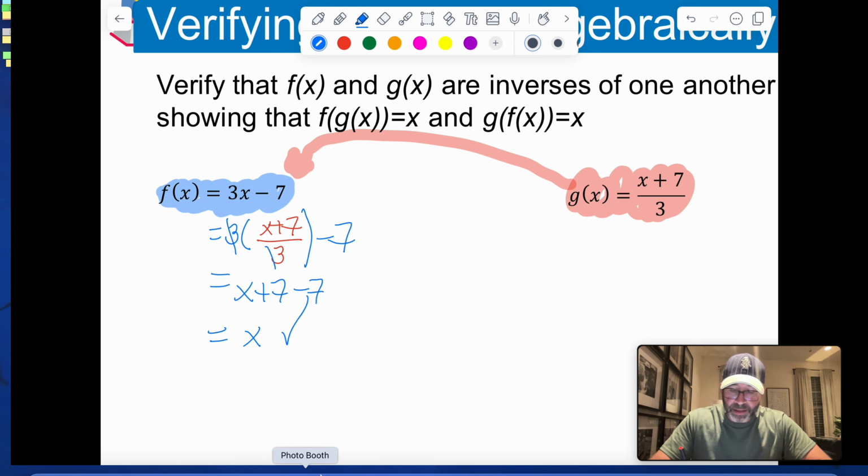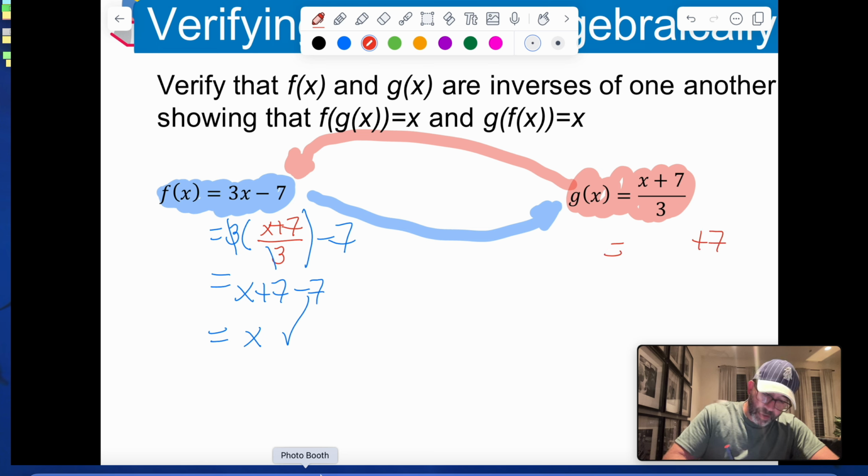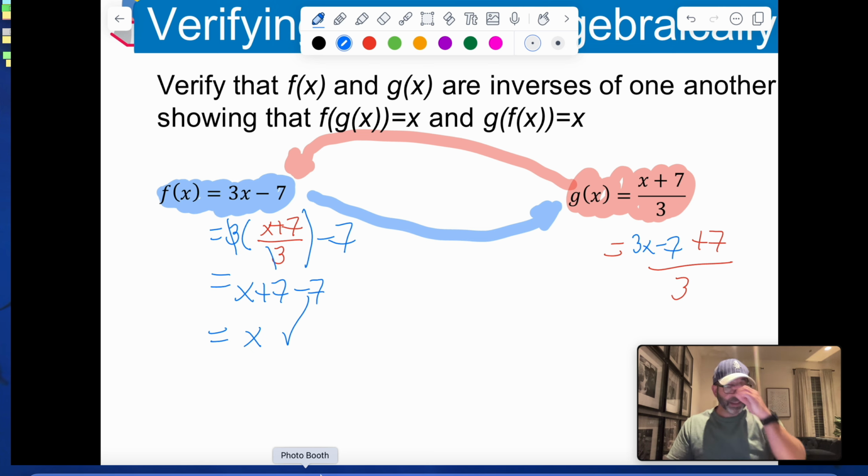Let's verify it the other direction, putting this in here. And what that will look like is, we did it again, that x plus 7 over 3, and in place of that x, we're going to put a 3x minus 7. That's, again, coming from that left blue function there.